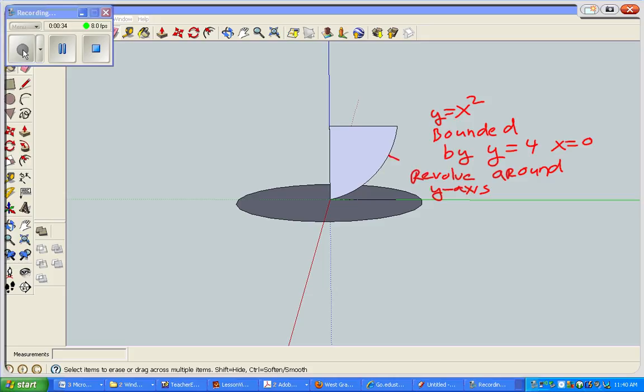This guy right here is the y equals x squared one. That one would be y equals 4. And that's where x would equal 0.